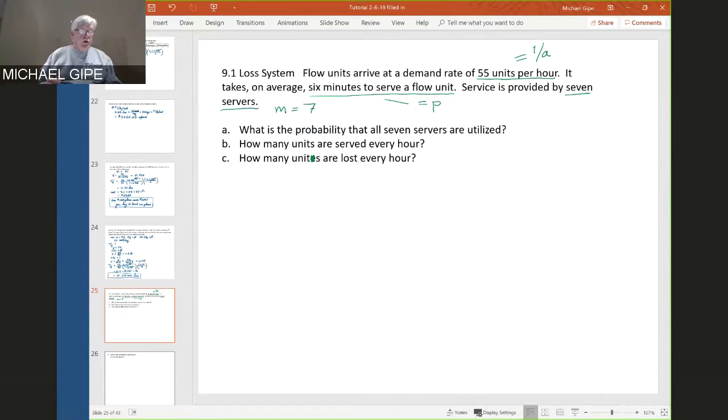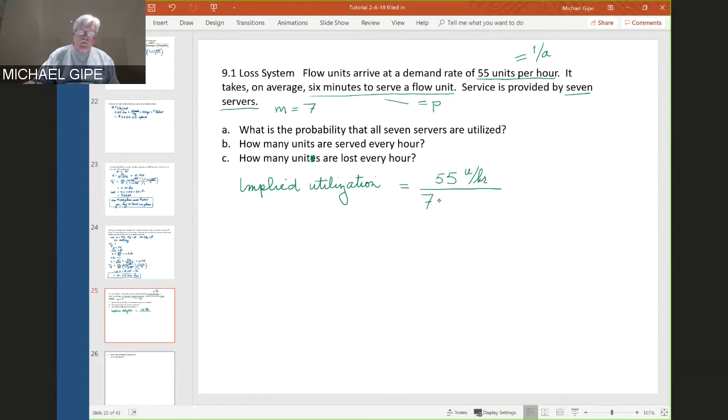So we have flow rate 55 per hour, processing time 6 minutes on average, 7 servers. Let's go ahead and calculate our utilization. We've got a demand rate of 55 units per hour. And what's the capacity?